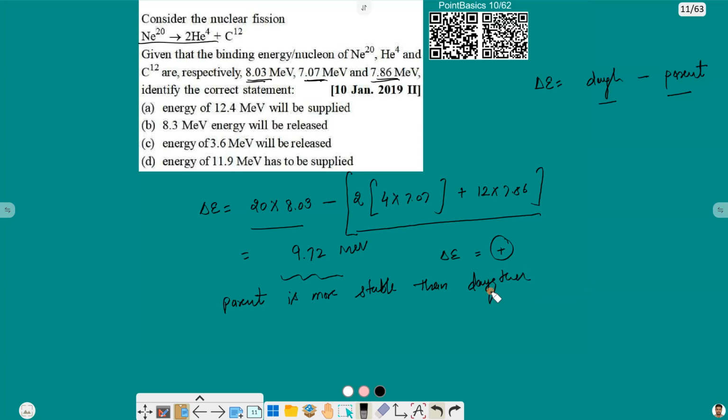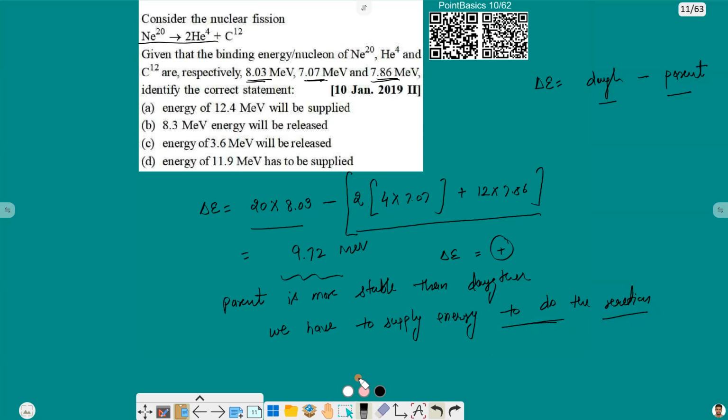So if the parent is more stable than the daughter, we have to supply energy to do the reaction. This reaction will not happen automatically because the parent is more stable.